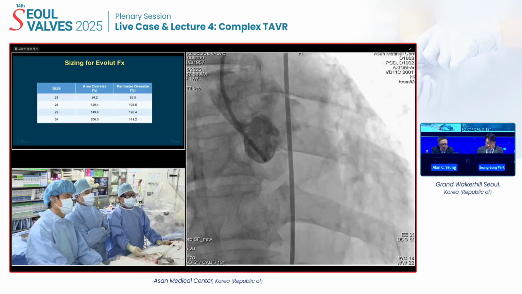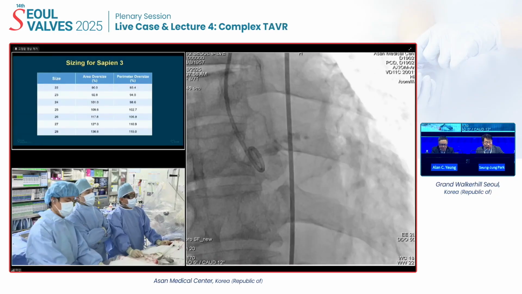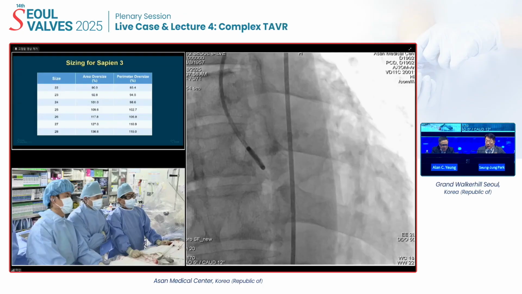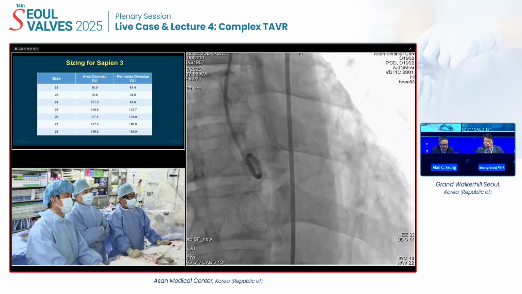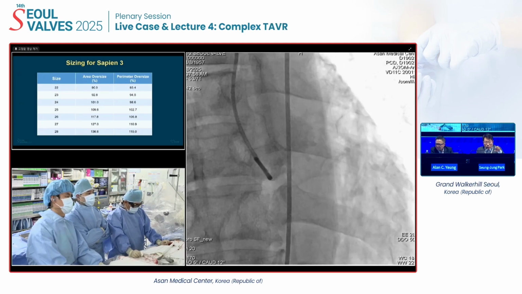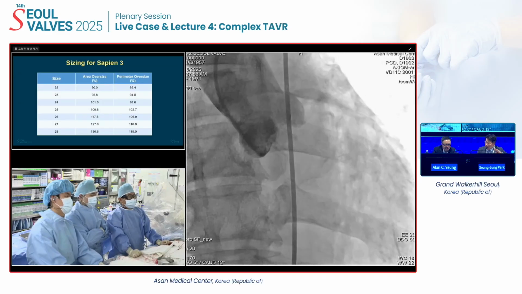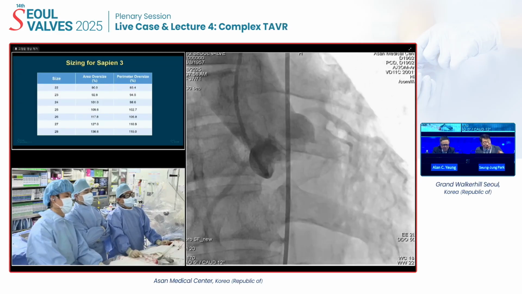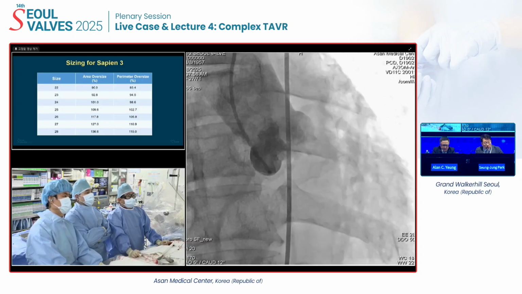Dr. you choose a 23 with 1 cc overfill, right? Yeah, right. All right. So I want to discuss this one. It depends on the calcium amount, right? More than 10,000, heavy calcium, we have to readjust, and area oversizing is almost 0%, or even less than 0%, right?